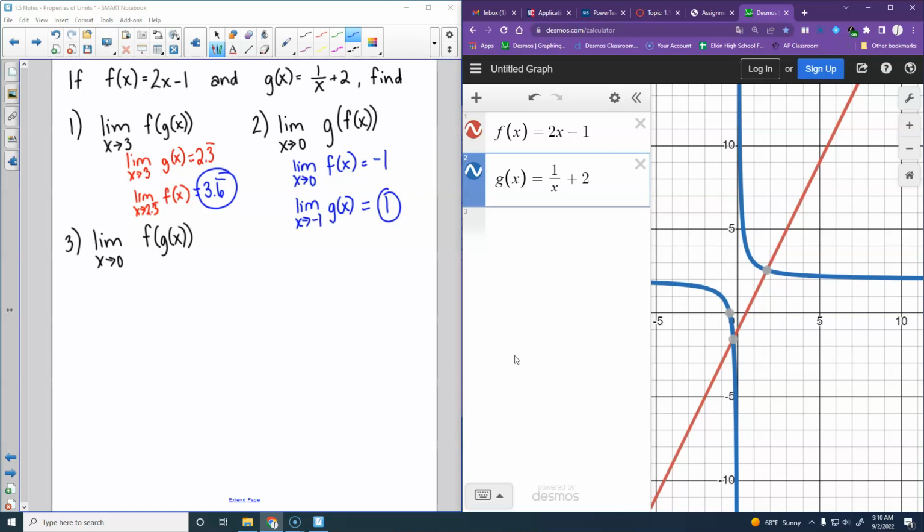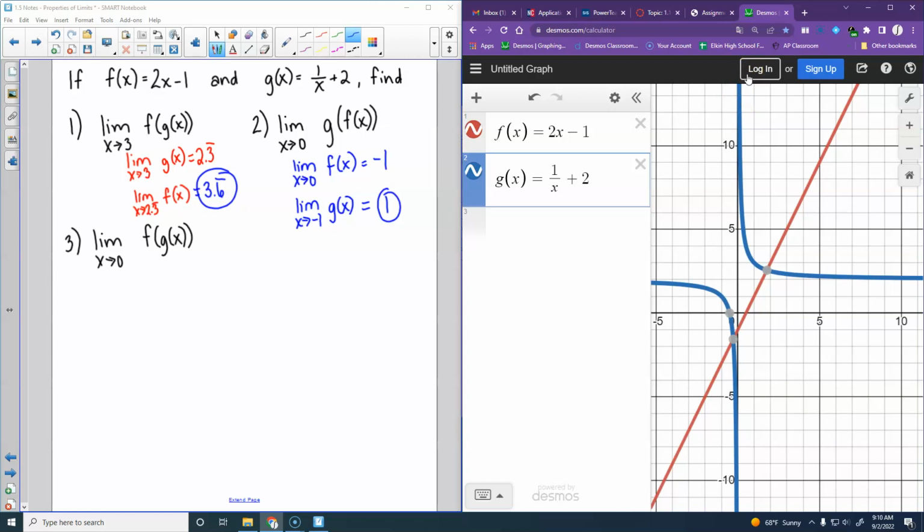So in this particular instance, it does not matter that it's from both sides. Now, if we were looking at, let's say, that we got 0 right here, it would matter whether or not we're looking from both sides, right? Because at 0 on g of x, from the left side, we have a different limit than we do from the right side. So that would change what your answers could possibly be.